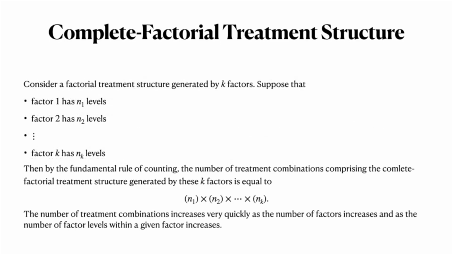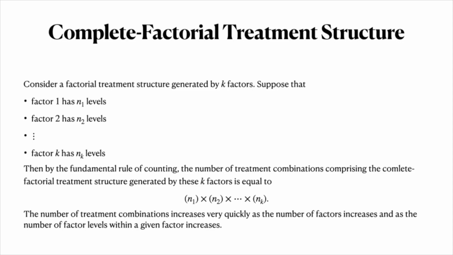Now consider a factorial treatment structure generated by k factors. Let's suppose that factor 1 has n1 levels, factor 2 has n2 levels, factor 3 has n3 levels, and so forth down to the last factor, factor k, which has a number of levels represented by n sub k.